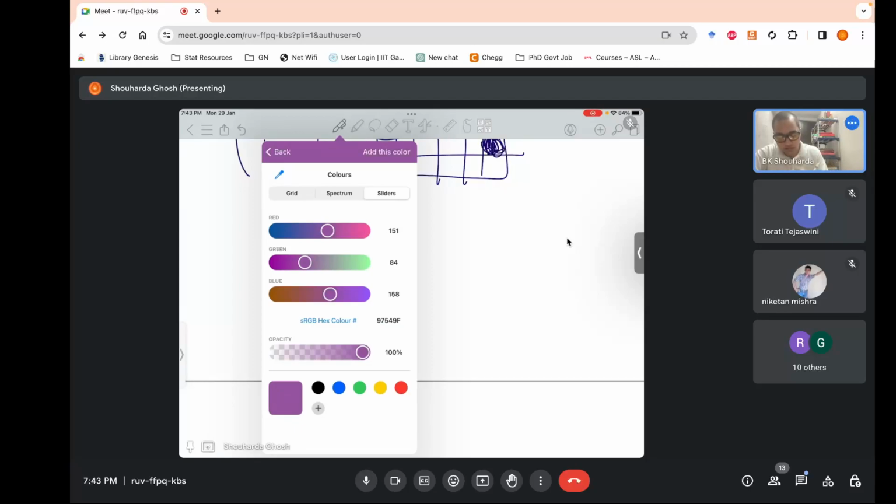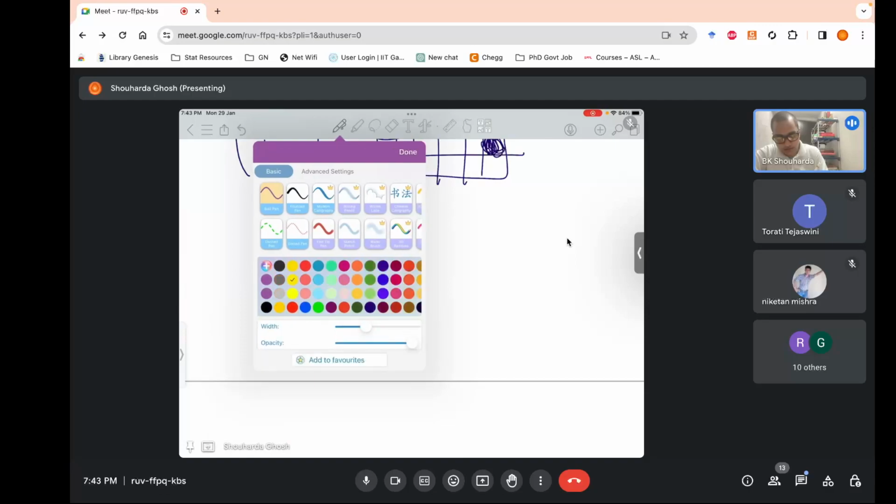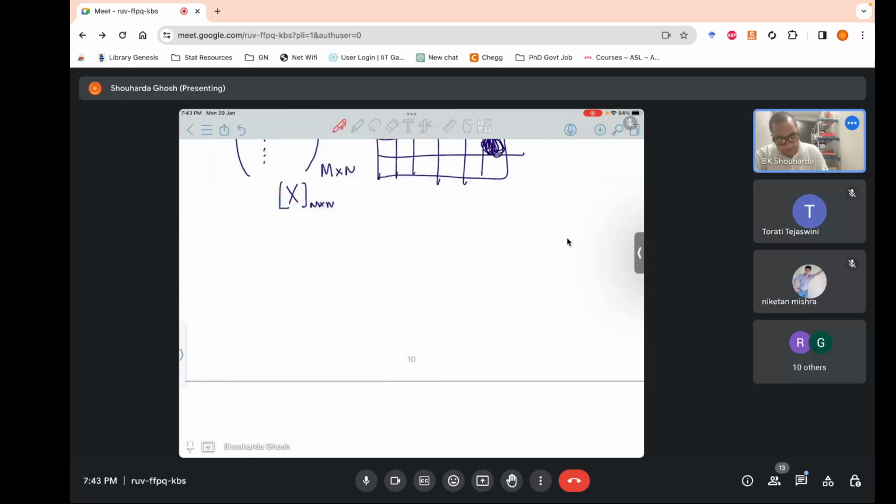Okay, so what is happening is that you have one matrix. Let's say the matrix is R. Let's say it's 100 cross 100. So you have 100 rows, 100 columns.